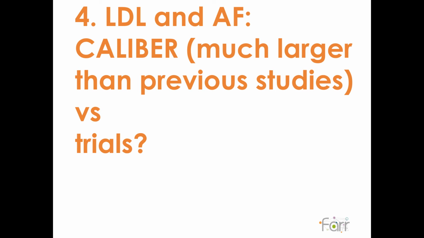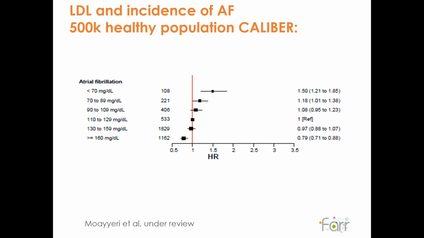So what do the, if you like, larger observational studies show, and how does that compare with the available statin evidence from randomized trials for lowering LDL? So in 500,000 initially healthy people, LDL cholesterol has a strong dose-response relationship with the incidence, I don't know, 10,000 cases of atrial fibrillation in an inverse direction.